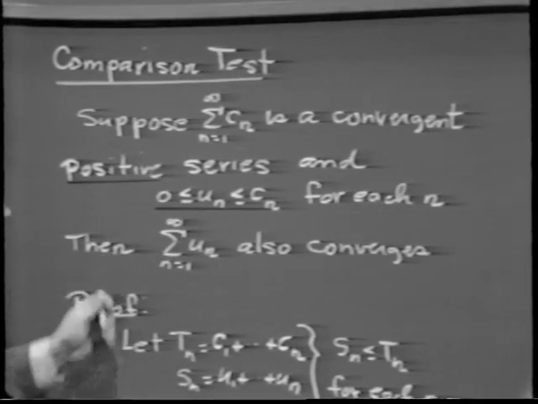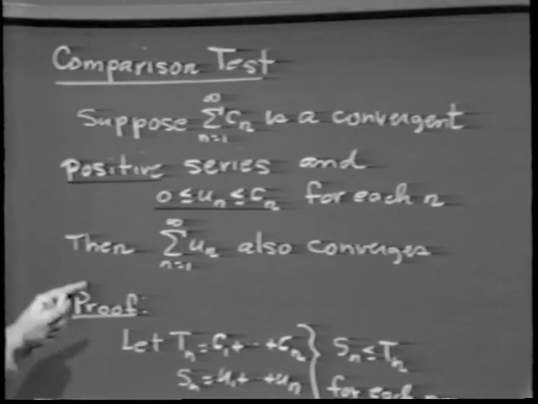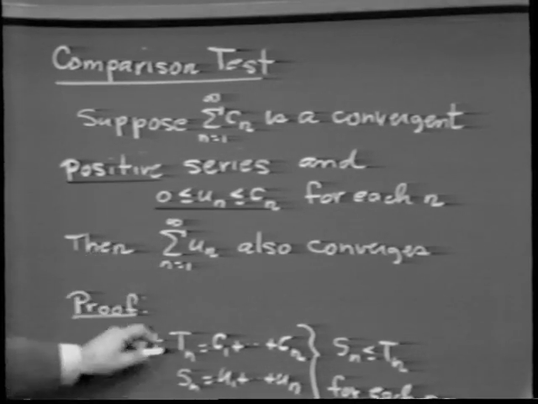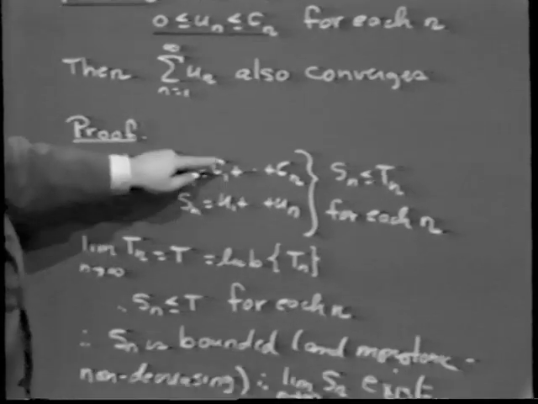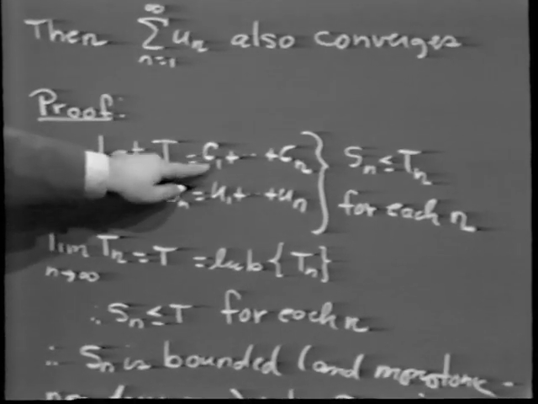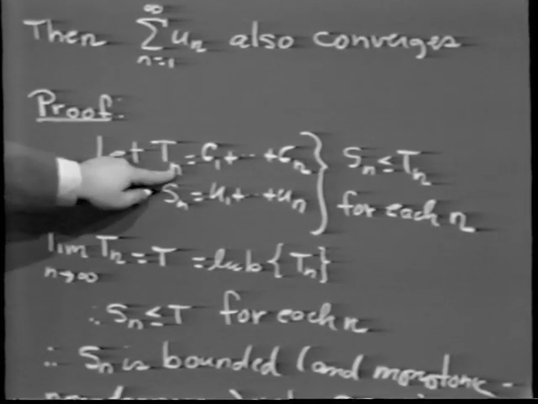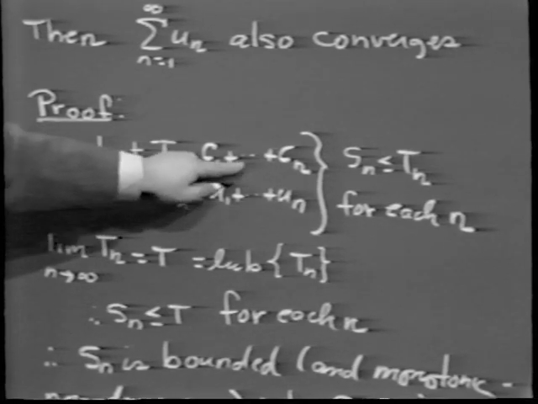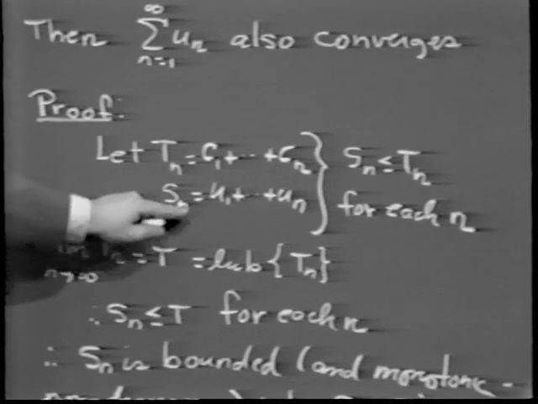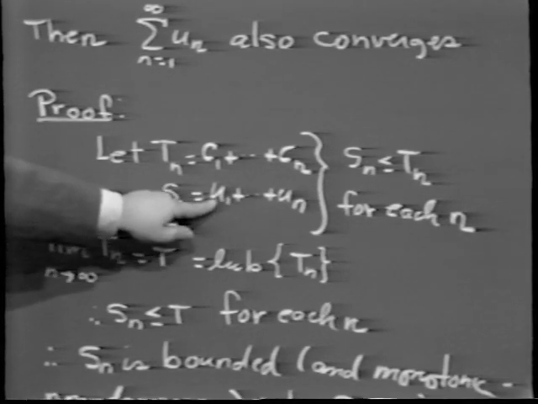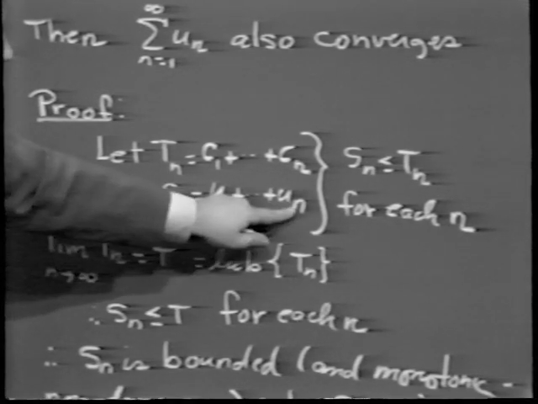And if you want to verbalize that so that it becomes more formal, the idea is this. Let t sub n denote the nth partial sum of the series involving the c sub n's. In other words, let t sub n be c sub 1 plus etc. up to c sub n. And let s sub n be the nth term in the sequence of partial sums of the series involving the u's.